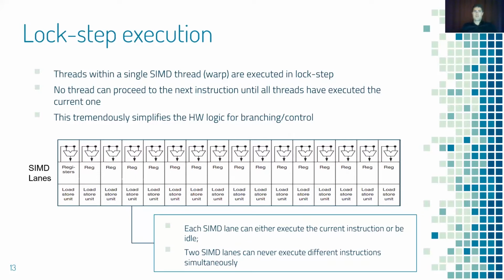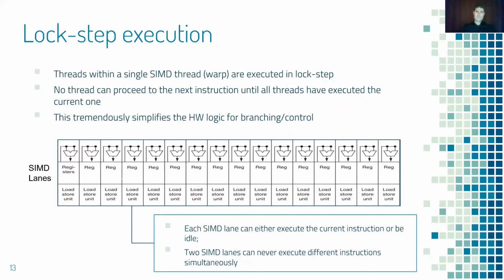Why does it work like that? It's because it simplifies hardware logic for branching control. Essentially, there is no logic for branching and control. Each SIMD lane can do two things: it can either execute the current instruction on the warp, or it can be idle. Two SIMD lanes can never execute different instructions simultaneously. That's just not supported.